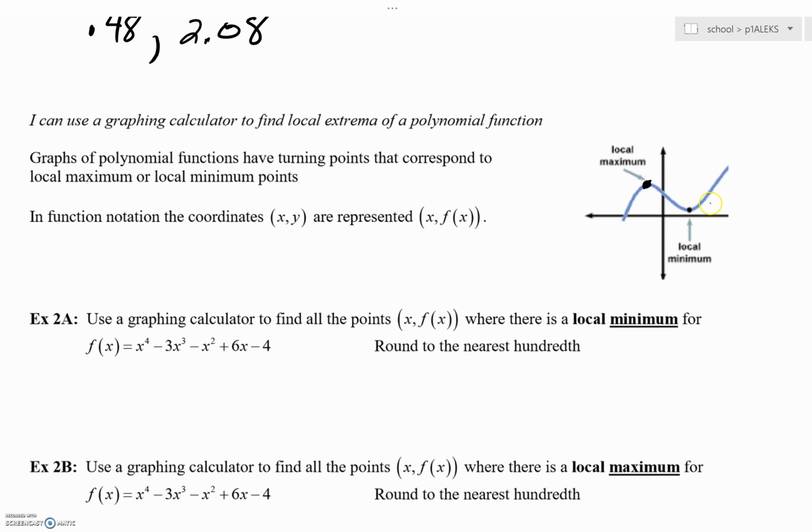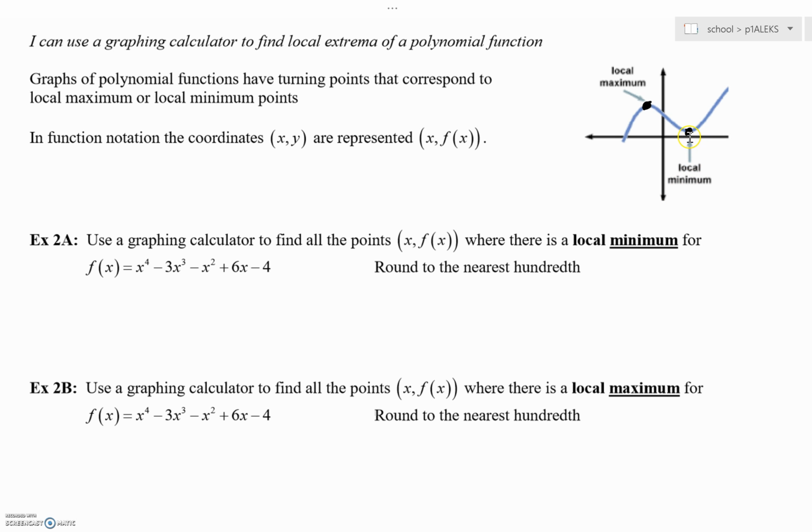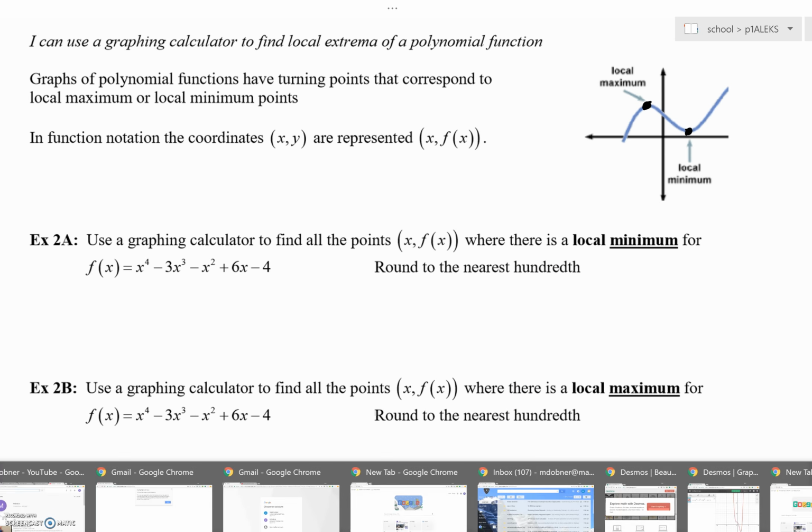Extrema will be the biggest or the lowest points. You just have to get that thing typed in, and Desmos will take care of the rest. So a low point would be the local min, relative to all the points. It's the lowest point. Local max, you could have the highest point. And again, we're going to go to the nearest hundredth. So here we go again, guys.